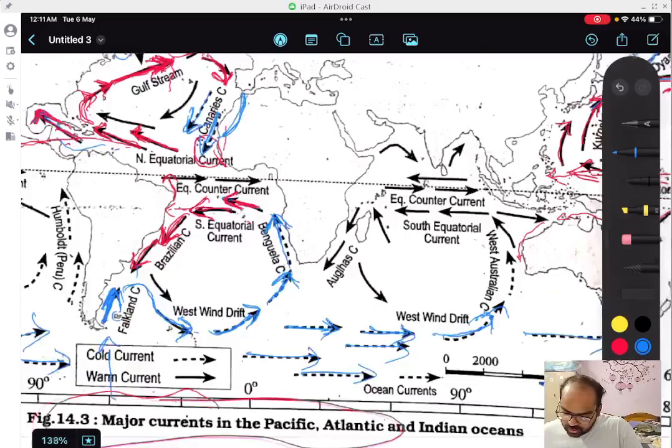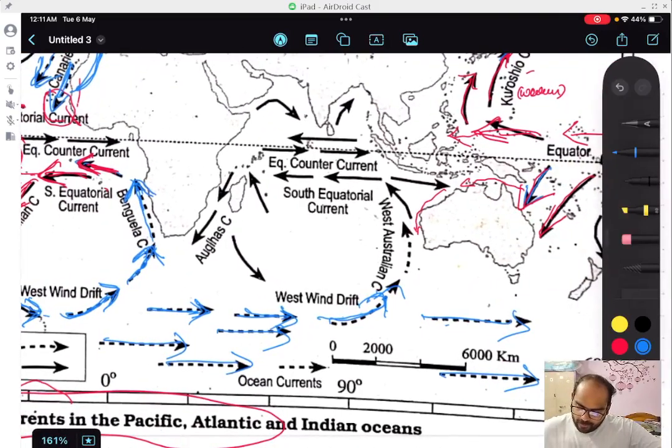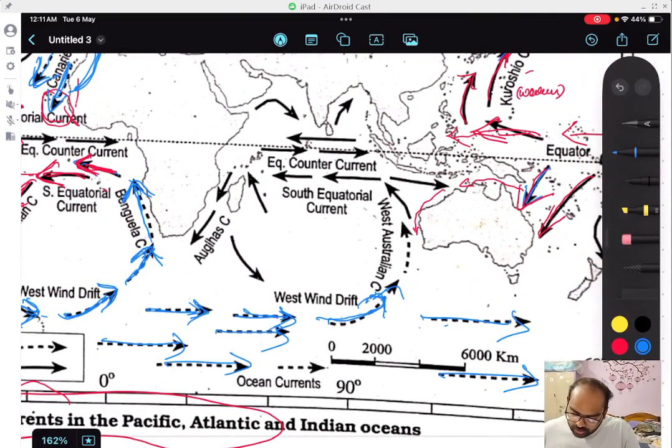What happens? See, it moves towards Australia as the West Australian current. It is colder in nature. This west wind drift, due to the influence of Coriolis force, once it reaches near Australia, travels towards Australia due to the influence of southeastern trade winds.